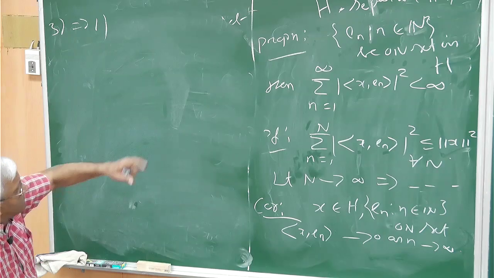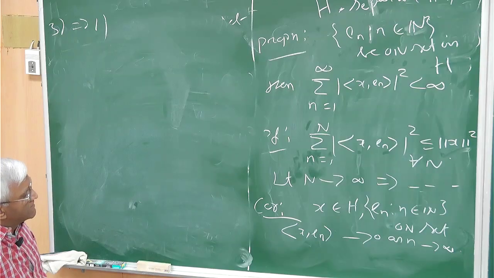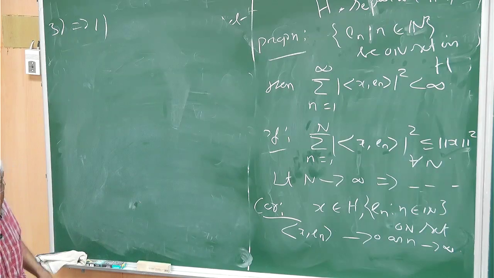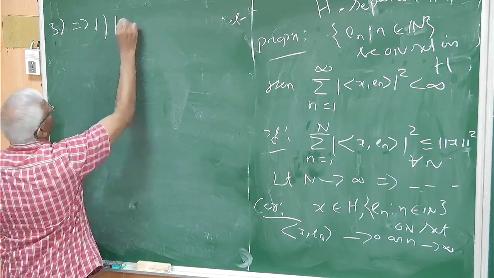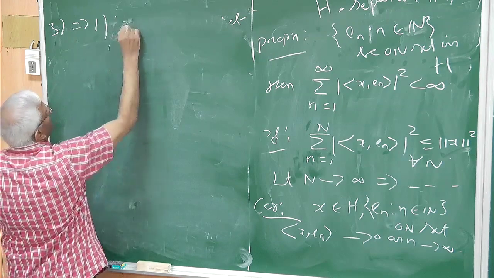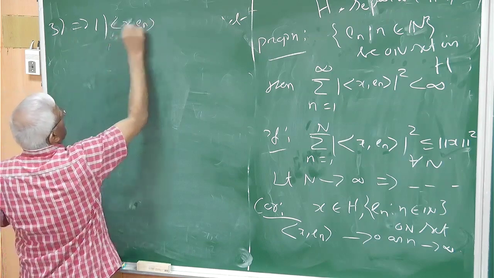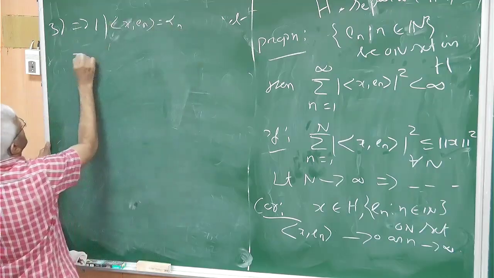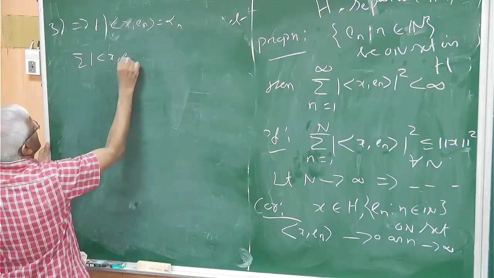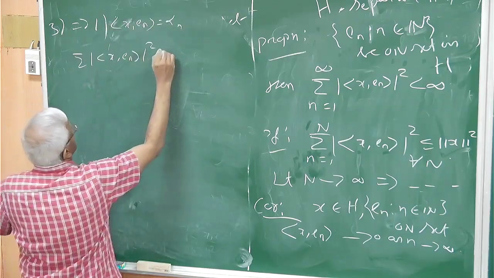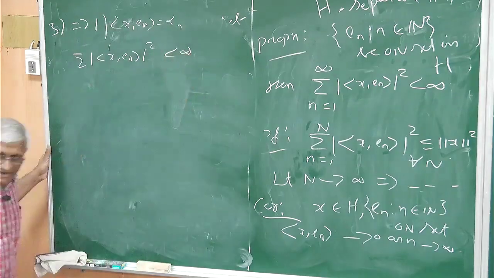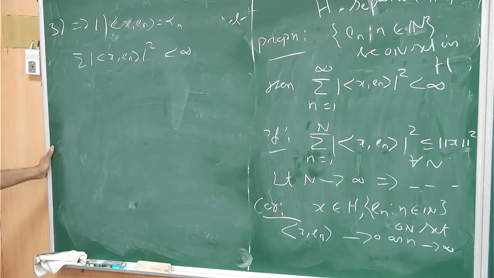Exactly that, it follows from this, right? Summation of x en converges. It is just clear, no? The inner product of x with en equals alpha n. Okay? We know that summation of the square of the inner product of x with en is less than infinity. That's all. We already know that. Okay? For any x and en, that is true.